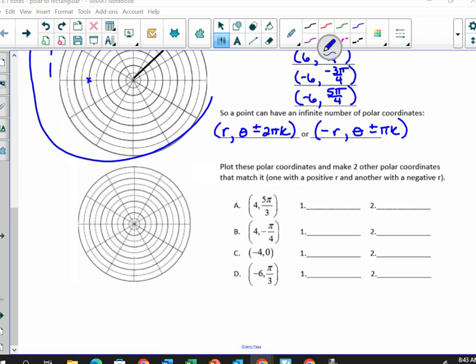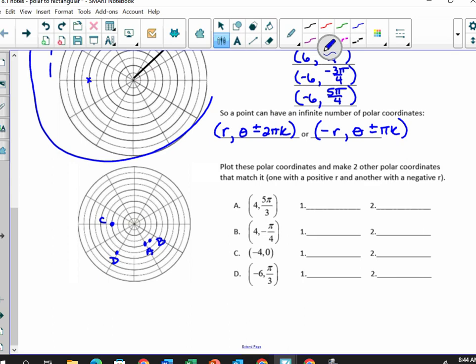Talk to each other, see if you agree. When you're ready to check, there's where the points are. Good job, you plotted well.